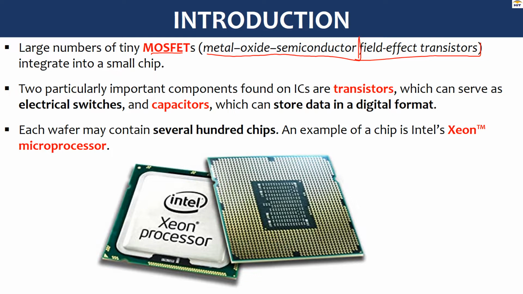In your IC, you will find that these MOSFETs, or transistors, are one of the largest numbers of things integrated into a microchip. Of importance, the components usually found on ICs are transistors and capacitors. The purpose of a capacitor is basically to store data in a digital format, and transistors act as your electrical switches.